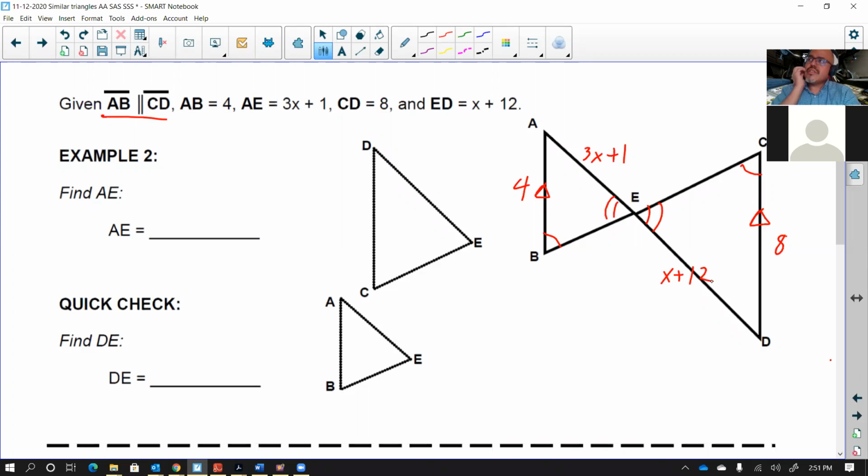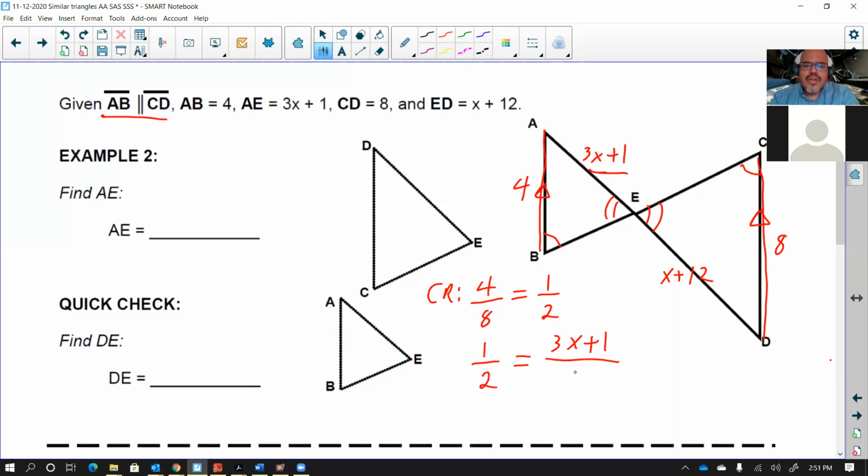First, we have to get the common ratio. So we know that AB and CD, or I should say DC, are our corresponding sides. So we get the common ratio for that one. We have 4 divided by 8. So this is the common ratio, and that simplifies to 1 over 2. So we use our common ratio to set this up. So now we take 3x plus 1 divided by x plus 12.